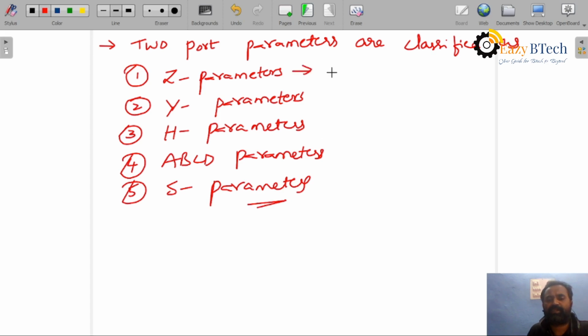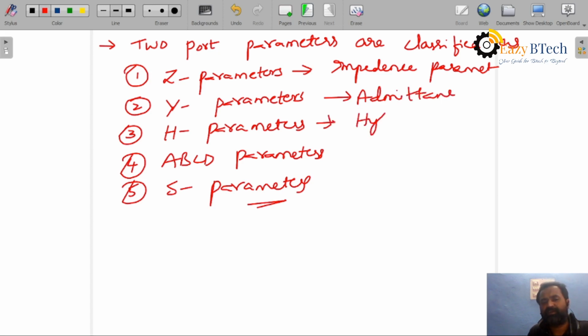Z parameters means impedance parameters. Y parameters means admittance. H means hybrid. These ABCD parameters are useful for the transmission lines.